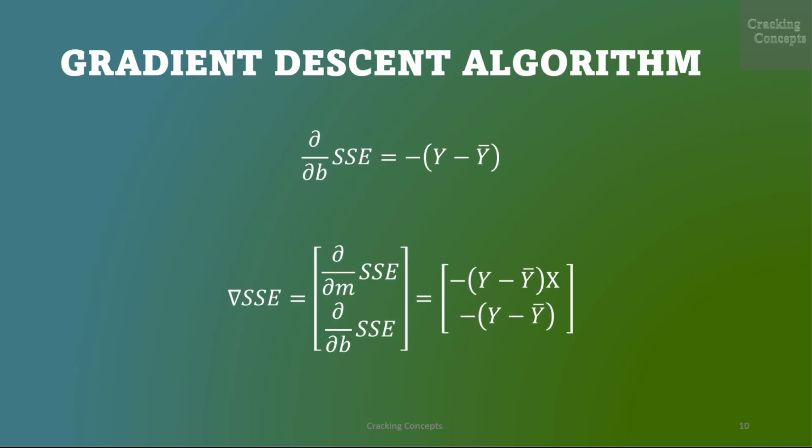Next, we will take the partial derivative with respect to b, and we get the value as minus of (y minus y bar). Finally, the gradient is made up of all the partial derivatives, both with respect to m and b, and we arrange them as a vector, which is minus of (y minus y bar) into x and minus of (y minus y bar).